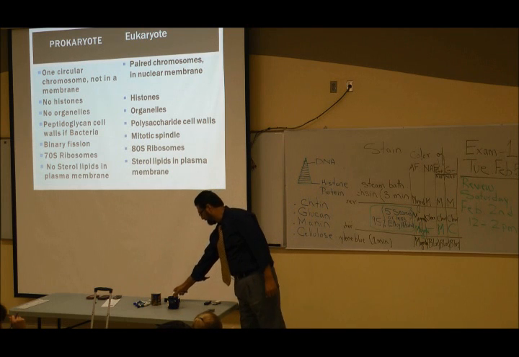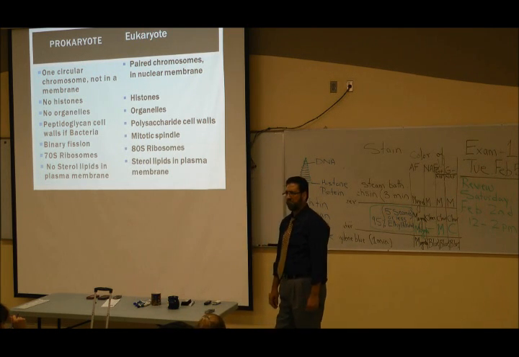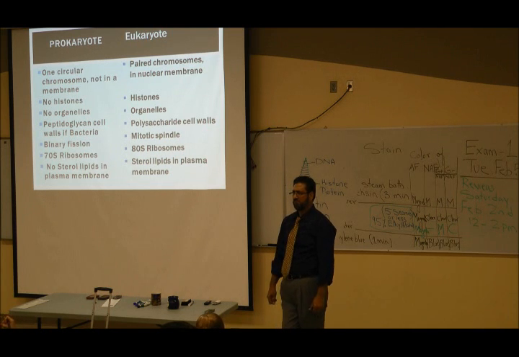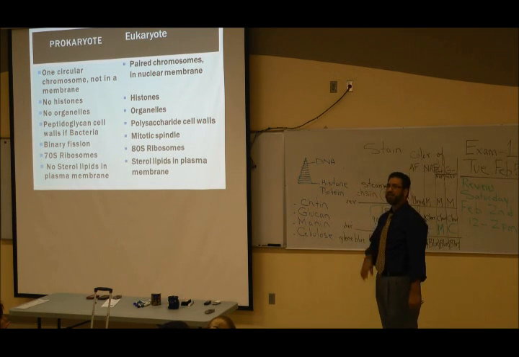Complex sugars. Why can't you get energy from that glucose? It's a polysaccharide, but we can get energy from starch. Same thing, polysaccharide. No enzyme. We cannot make cellulase like cows.